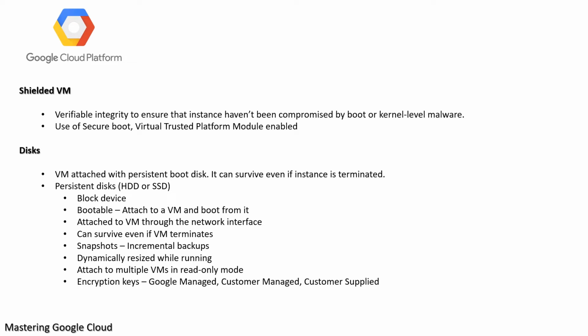This separation of the disk and Compute Engine allows the disk to survive even if the VM terminates. So you can also perform snapshots of these disks, which are incremental backups. You can dynamically resize them while they are running and attached to a VM. You can also attach a disk in read-only mode to multiple VMs to share static data between multiple instances.